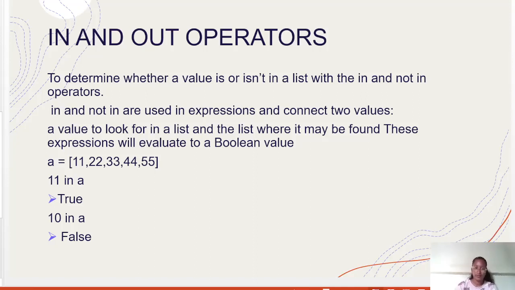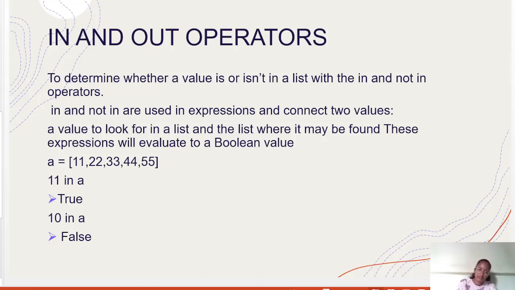In and not in operators. We can determine whether a value is in or isn't in a list with the in and not in operators. In and not in are used in expressions and connect two values: a value to look for in a list and the list where it may be found. These expressions will evaluate to a Boolean value.